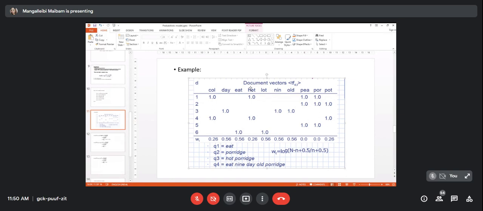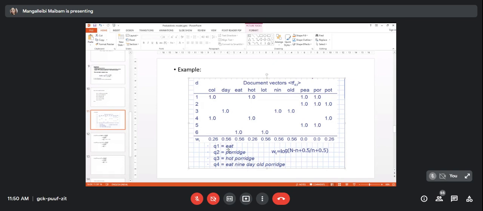That's why we have written document vectors here. Up to this construction of zeros and ones, you know, right? Now we will find the basic term weight.